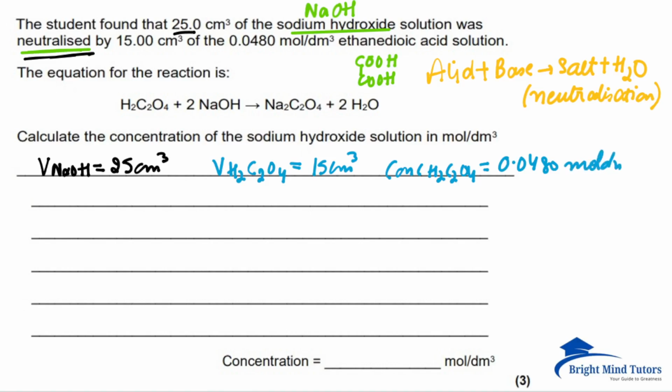So this is the data which is given to us. We need to find the concentration, and the equation is also given to us. Firstly, check: is the reaction balanced? You see here 2 hydrogens over here and 2 from here, a total of 4, and in the H2O the 4 hydrogens are being balanced.